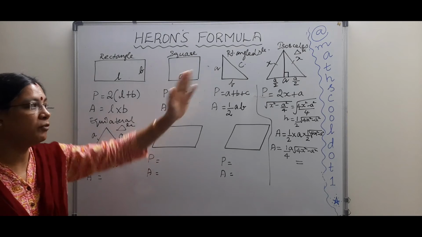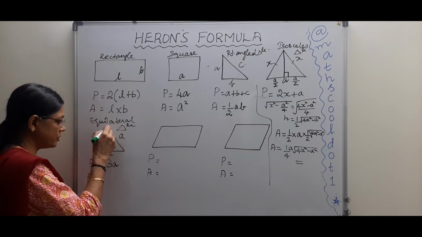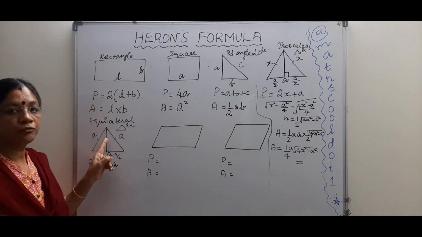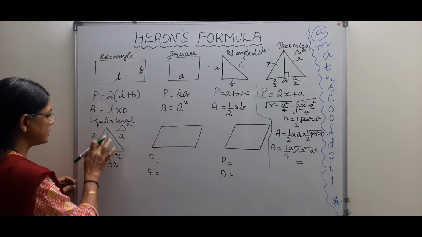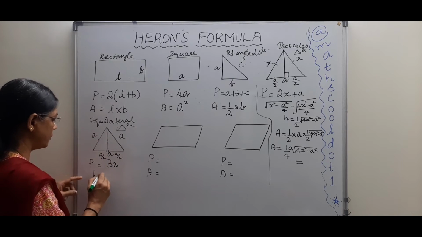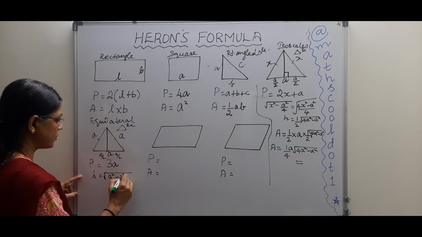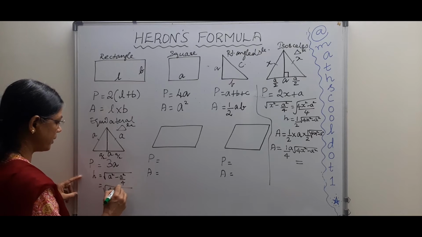And again the same concept. How did we find the height of the isosceles triangle? The same thing we are going to do here. So this is a by 2, a by 2. I'm going to find the other side, that is the height. What do we do? Root of a squared minus a squared by 4, that is equal to root of (4a squared minus a squared) by 4.